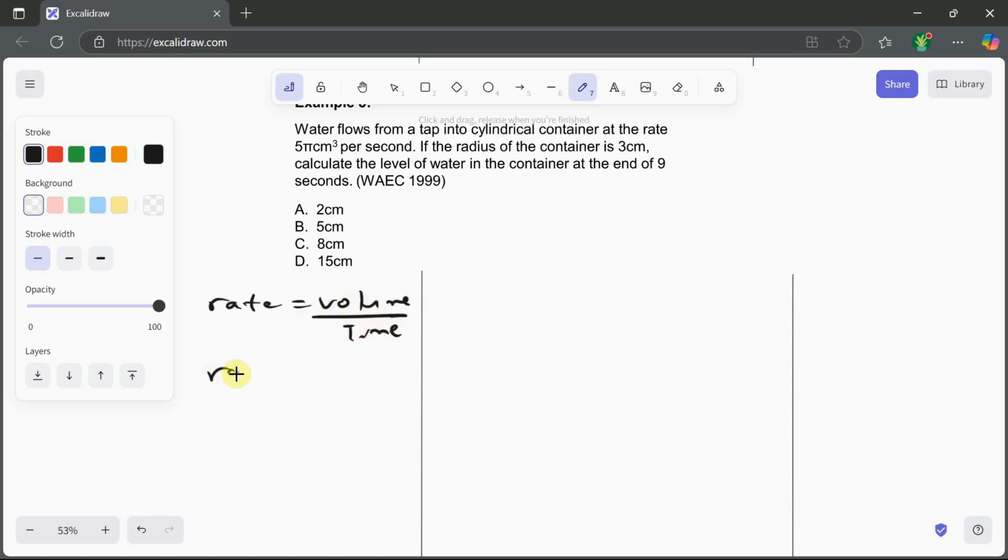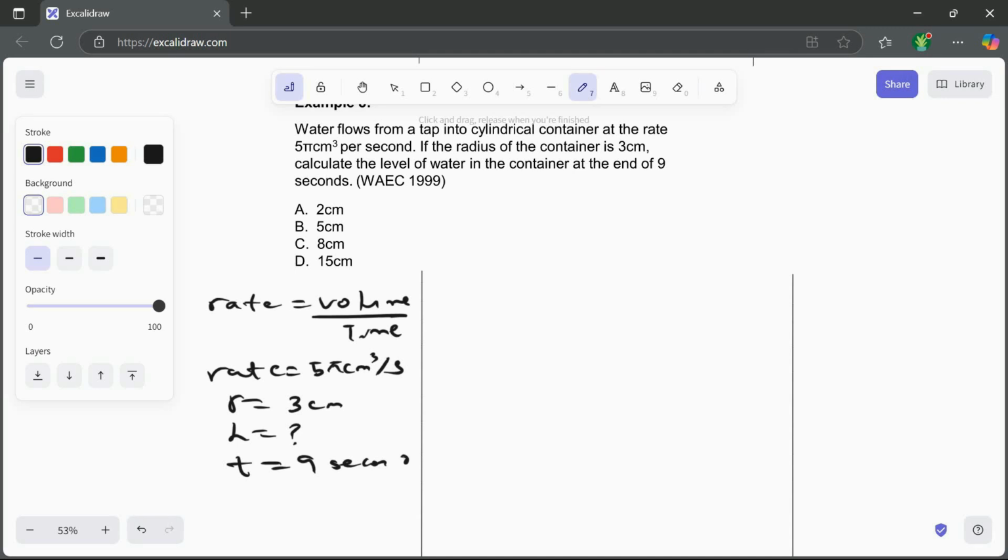The rate is given to be 5 pi centimeter cube per second. Radius of the cylinder is 3 centimeters, and then calculate the level of water in the container, which is basically the height at the end of t is 9 seconds. Does that make sense? It's dripping inside. So how high has the water risen at the end of 9 seconds?